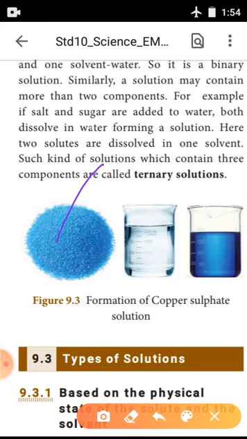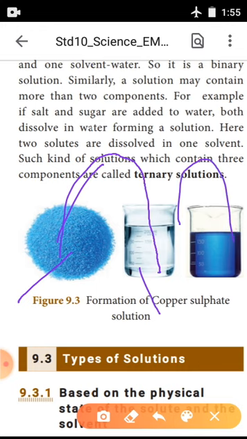And if you are preparing a solution, we need two components. One is solute, that is copper sulfate. Another one we need is solvent, that is liquid water. Okay, so when the copper sulfate solute particle is dissolved in water, we get copper sulfate solution.